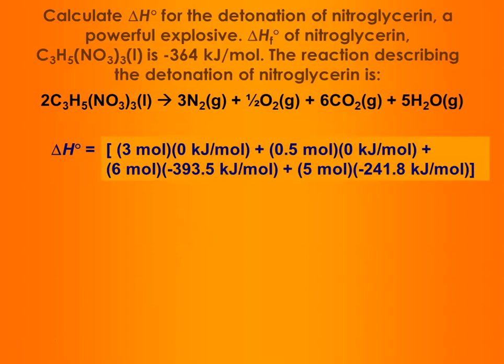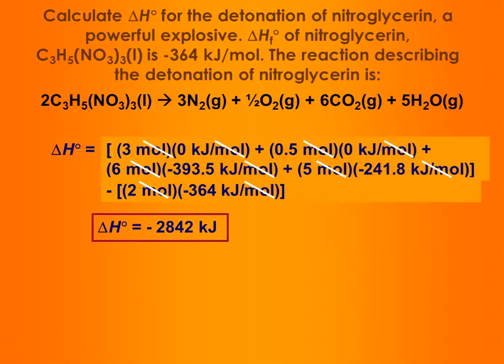And then we're going to subtract away from all of those products our 1 reactant, negative 364 kilojoules per mole, its enthalpy of formation, times the amount of moles present too. All the moles cancel. I do my multiplication and addition along with my subtraction, and I get negative 2842 kilojoules. This one did not have a decimal place because of that negative 364.